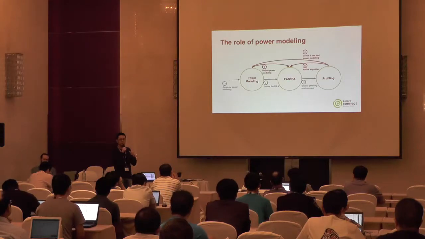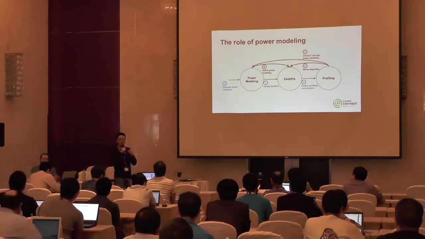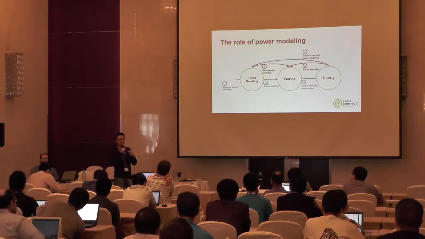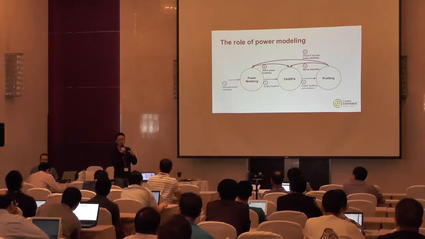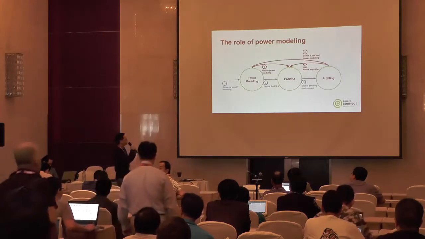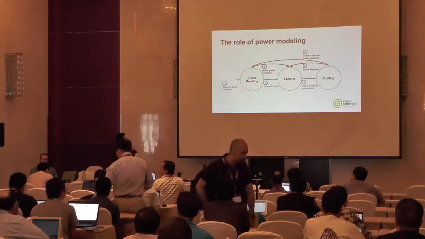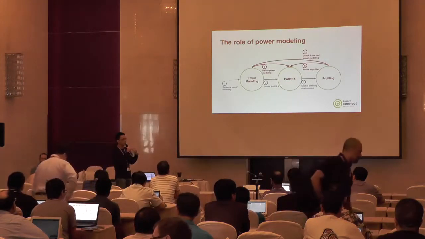For example, the first time I generated the power data on HiKey for EAS, I found there might be some mistakes, so I needed to adjust that, go back, input the parameters again, use the newly updated power modeling and do more profiling.